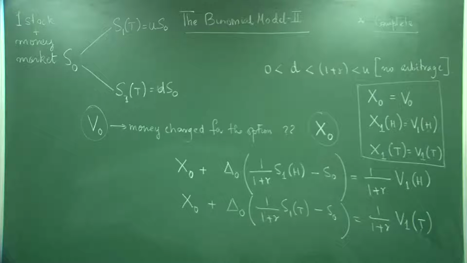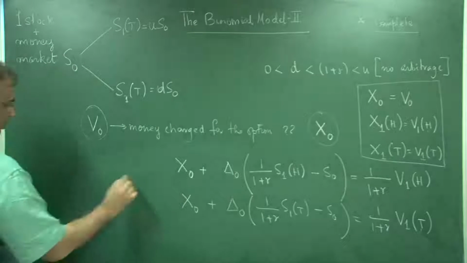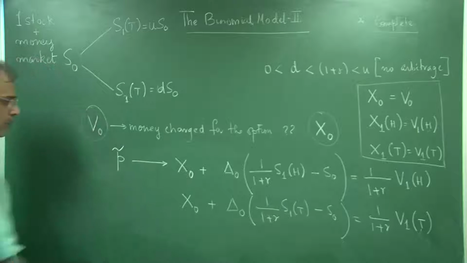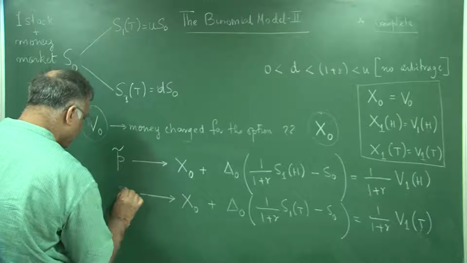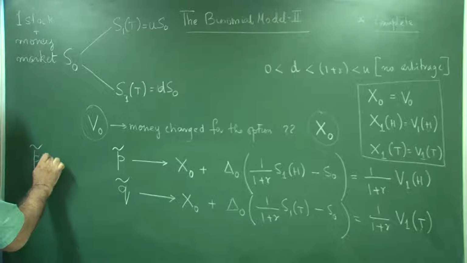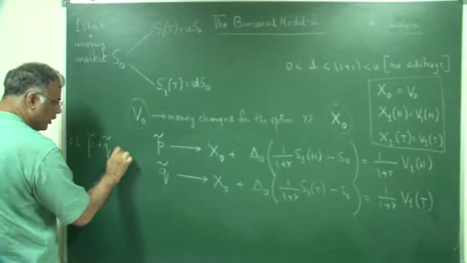Now multiply this equation by some number p tilde and multiply this equation by some number q tilde, such that p tilde plus q tilde is 1.